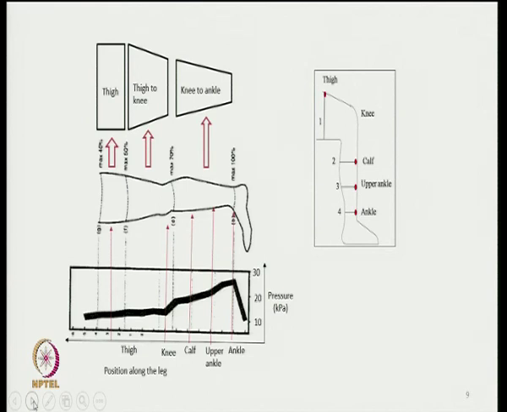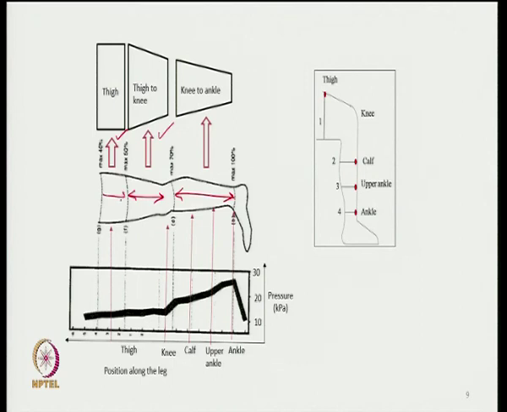the leg starting from thigh to the feet into 3 regions to start with. That is, one region is the thigh region as shown by this arrow, another region is thigh to knee region, that is this region from here to there, and the third region from here to there is the ankle.